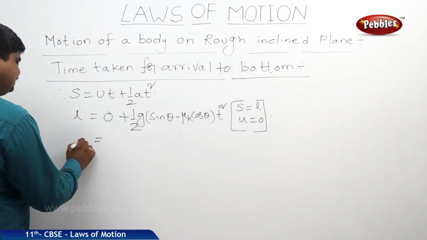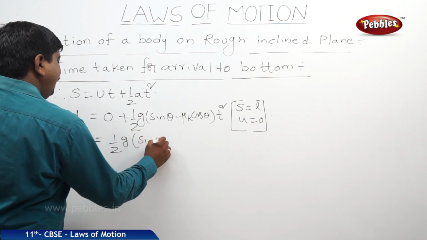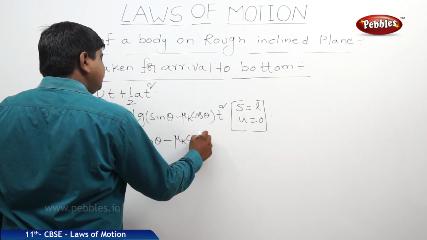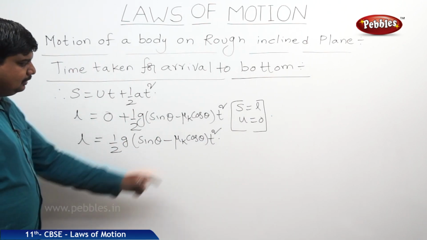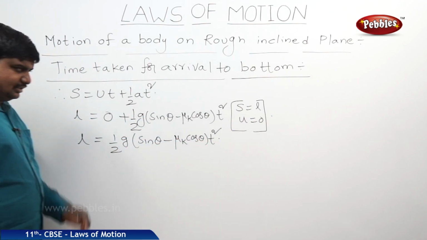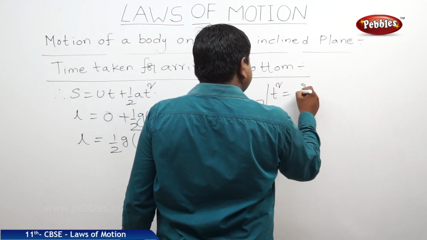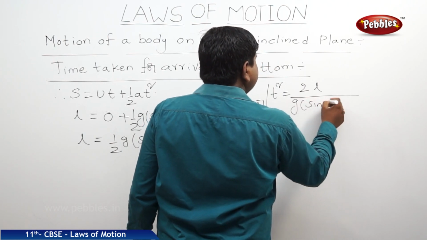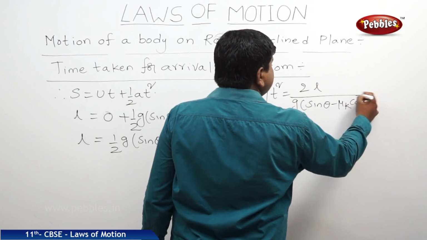So in this case, L is equal to half g (sin theta minus mu k cos theta) t square. T square is equal to 2L by g into (sin theta minus mu k cos theta).